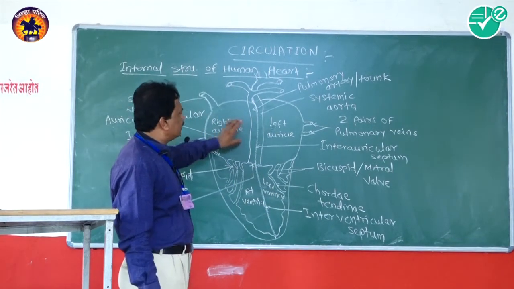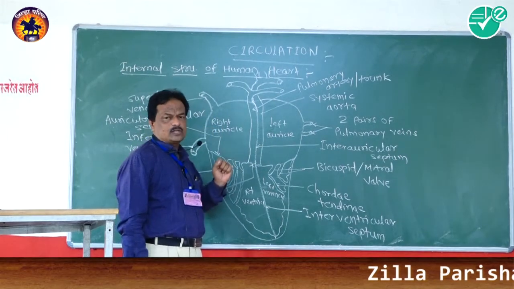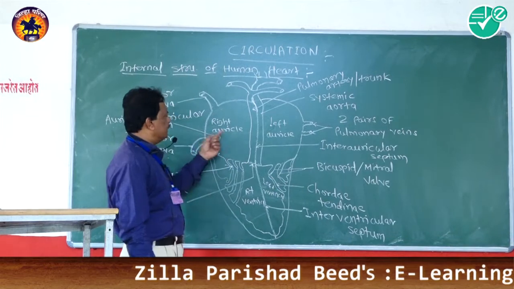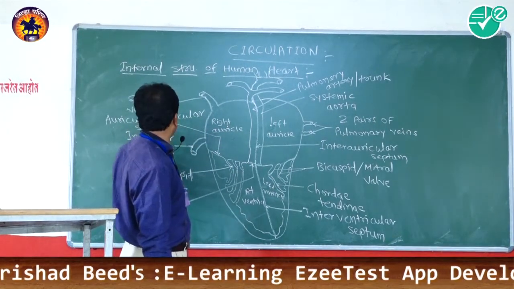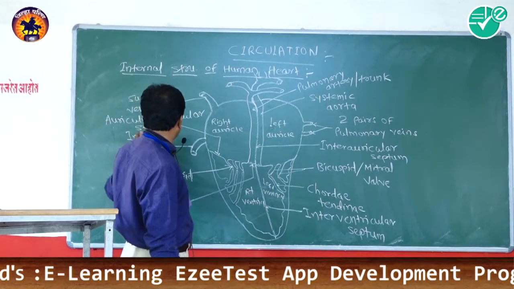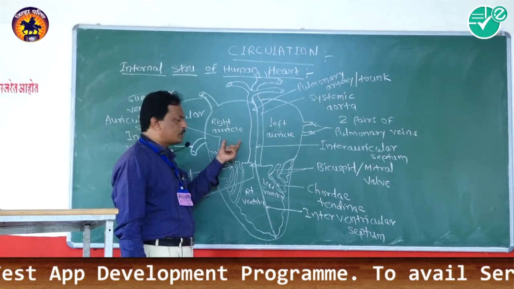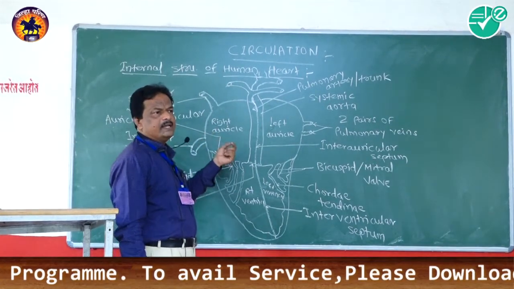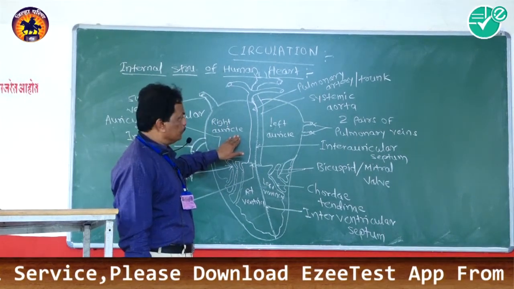The auricular chambers, right auricle and left auricle, receive the blood coming from different parts of the body. The right auricle receives the impure blood coming from the superior vena cava, inferior vena cava and coronary sinus. Means total deoxygenated blood from the body is poured into the right auricular chamber.